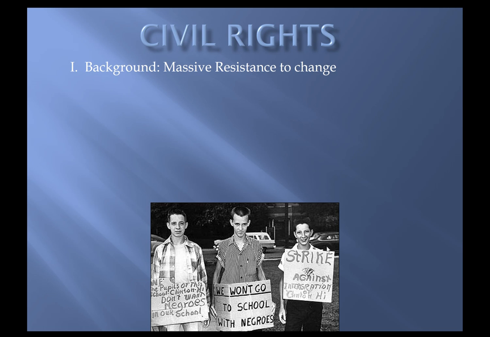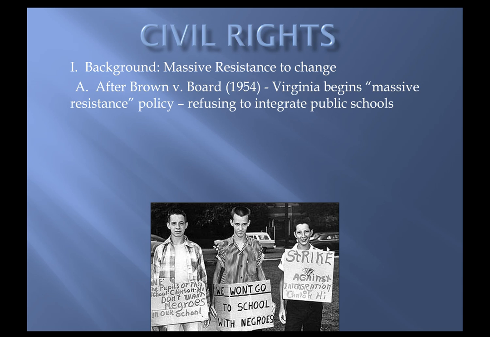Okay, so the background to this is that post Brown versus Board of Education, there is a massive Southern resistance to the change. The court is saying you need to desegregate schools, and Southern states are like, no, we do not want to do that. In fact, after Brown versus Board, Virginia begins a policy referred to as their massive resistance policy.